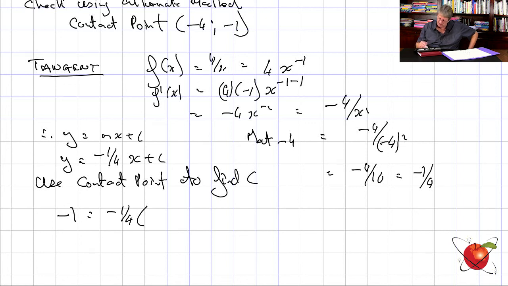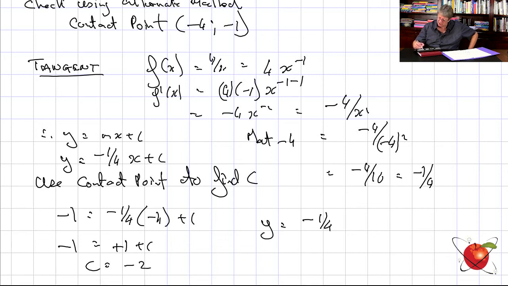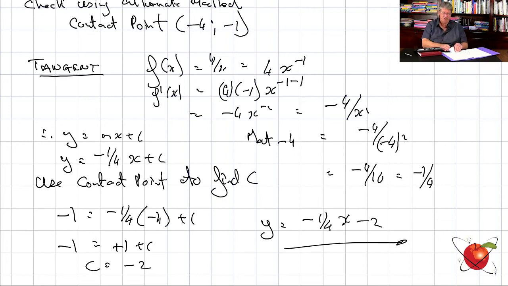X is going to be, in this case, let me just look, minus 4 plus c. Minus 1 is equal to plus 1 plus c. C is equal to minus 2. Y is equal to minus a quarter x minus 2. And we have checked it using differentiation.